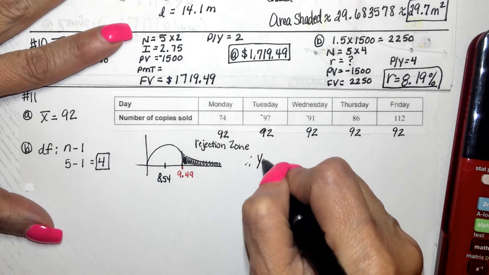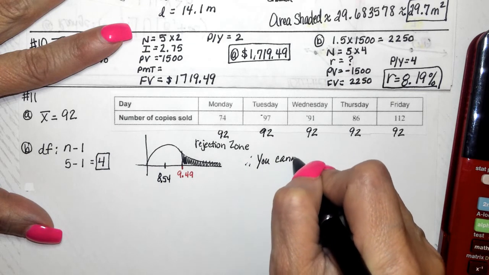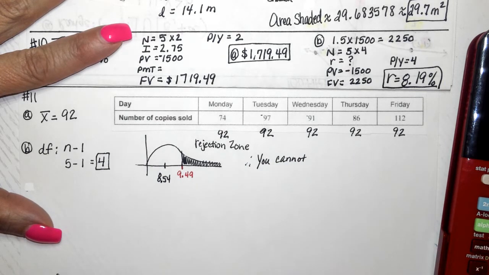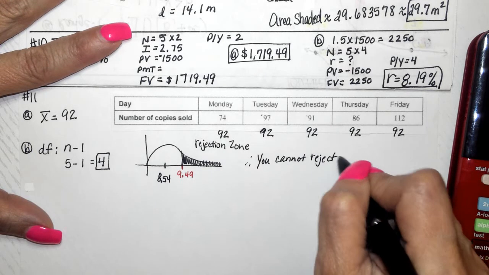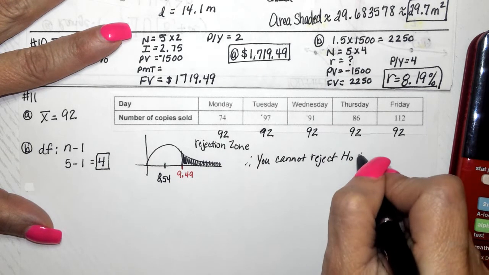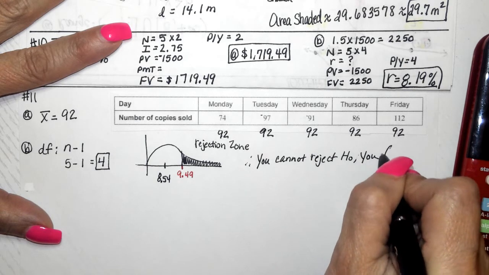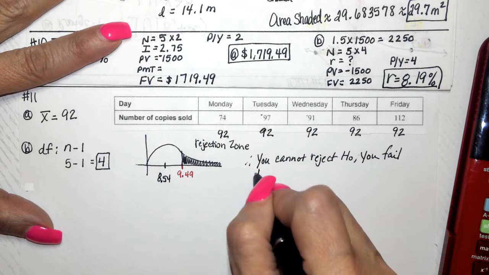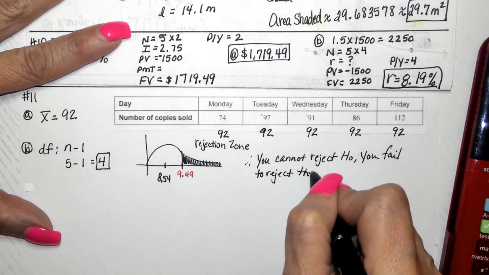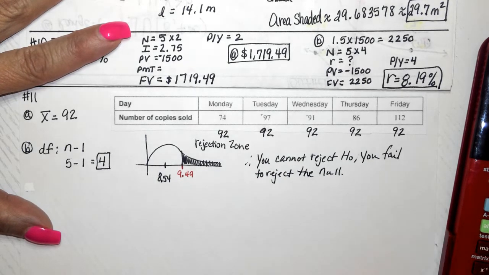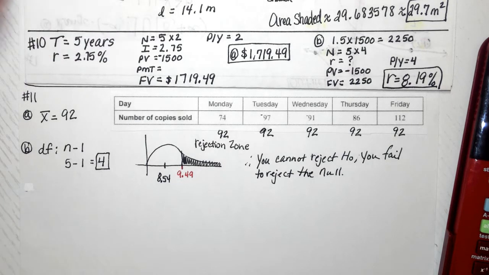Therefore, you failed to reject it. You cannot reject the null. You fail to reject the null. You don't. You fail to reject it. We do not reject the statement that the data satisfies the model.